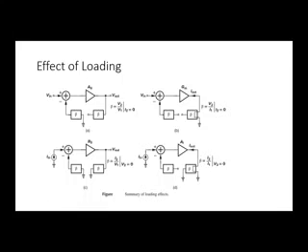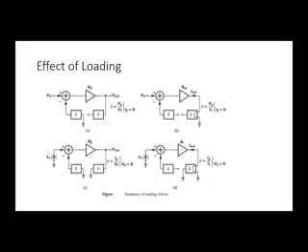The analysis is carried out in three steps. First, open the loop with proper loading and calculate the open loop gain and the open loop input impedance and output impedance. Second step is to determine the feedback ratio beta, and hence the loop gain, beta into the open loop gain AOL.